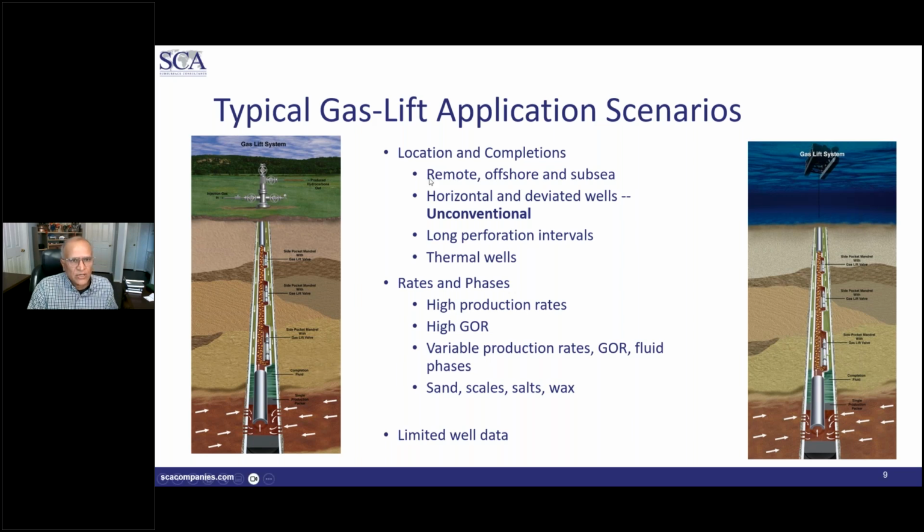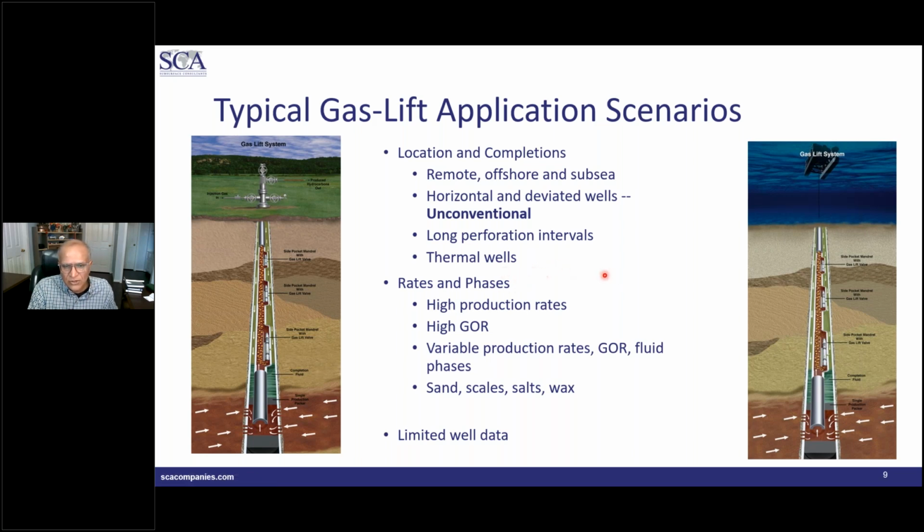The main reason for gas lift popularity is that it can work with even limited well data. It allows full wellbore access, especially when you have higher gas oil ratio than the pump type of artificial lift methods. They suffer because of the volumetric efficiency issues, whereas gas lift likes the more gas. So that is another reason.